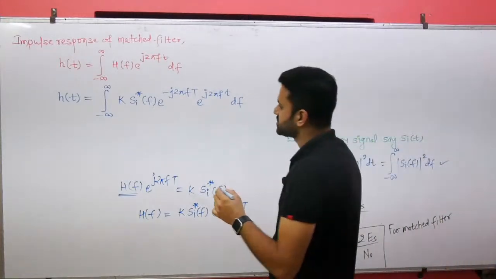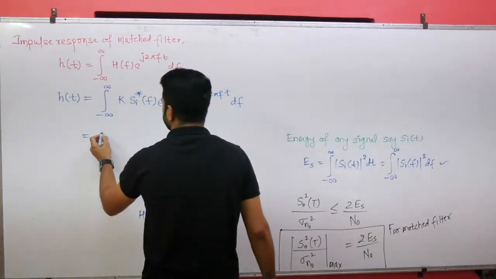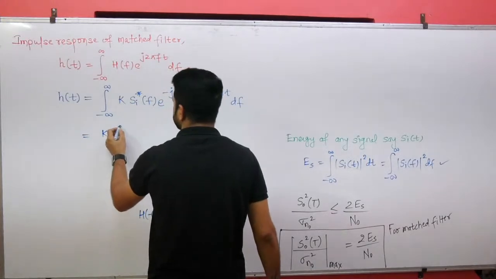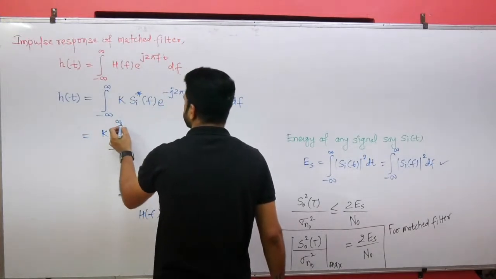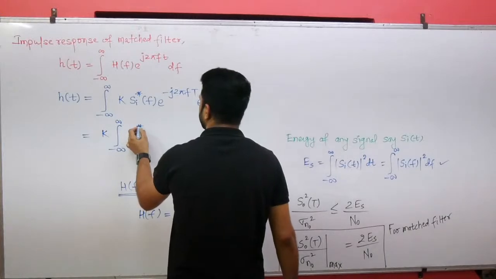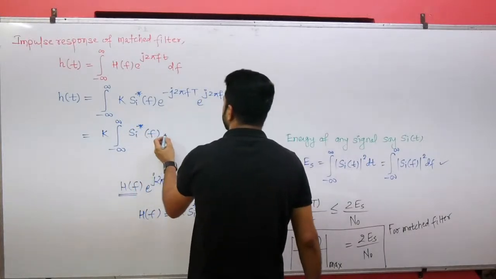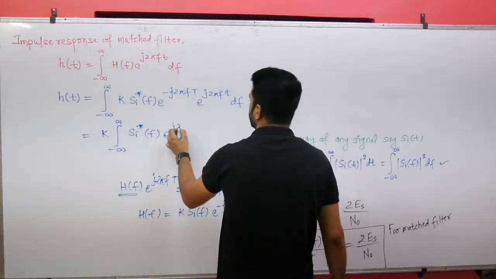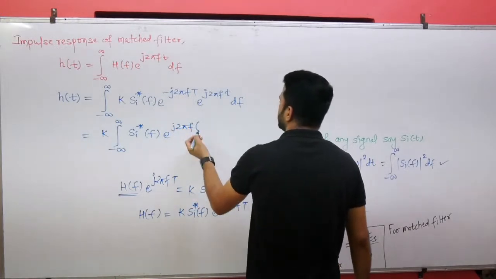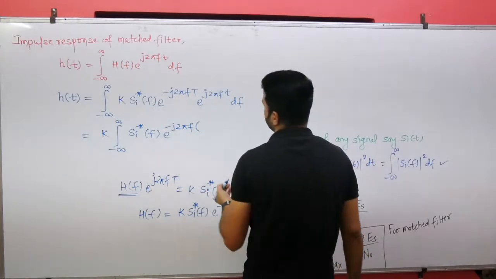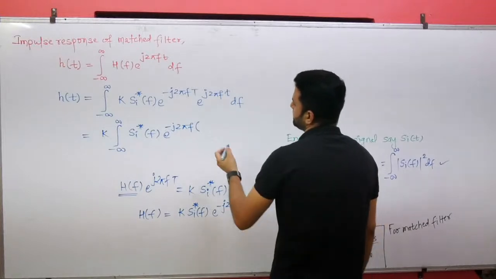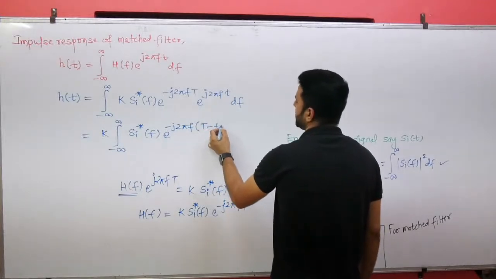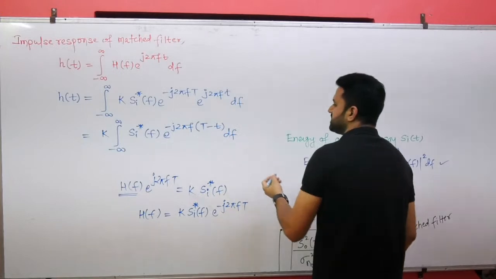Now if I further solve it, it becomes k, which is a constant, integral from minus infinity to infinity of Si complex conjugate of f, e to the power j 2 pi f, and if I take the minus sign common, it will become (t minus T) df.